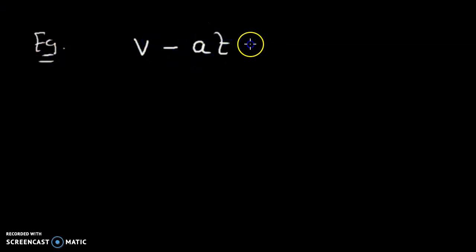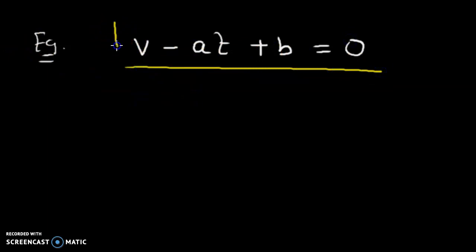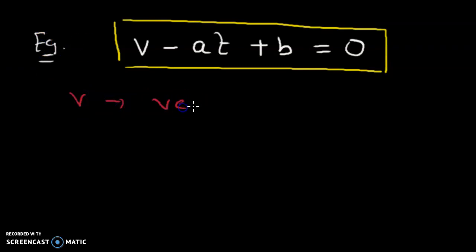Say for example, in an equation, how do we use it? I'll give you this example. Say v minus a t plus b equals 0. So this whole term is an equation. Now I know one thing: v is velocity, t stands for time, seconds.